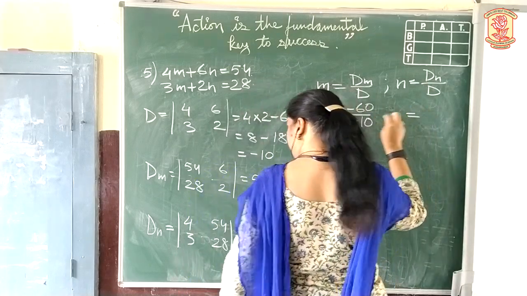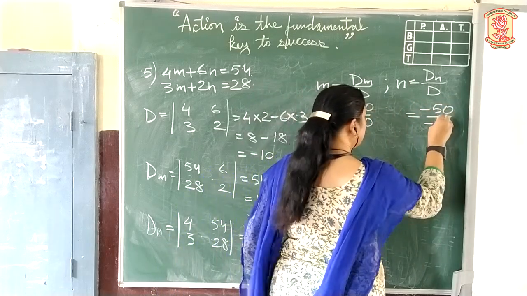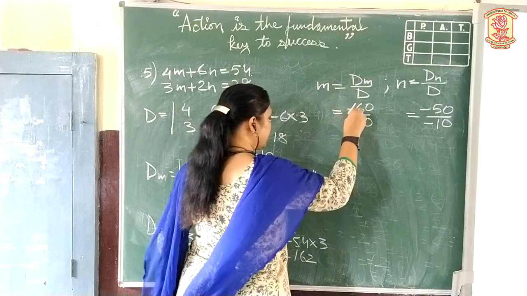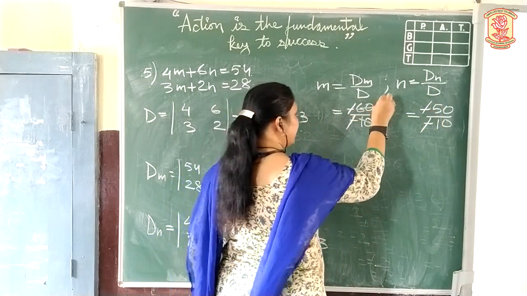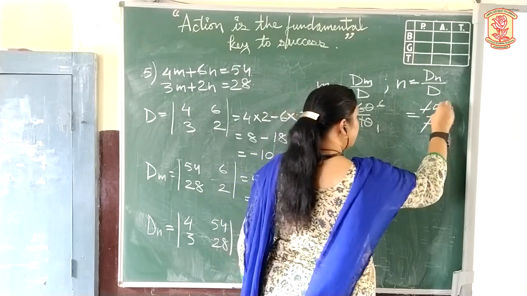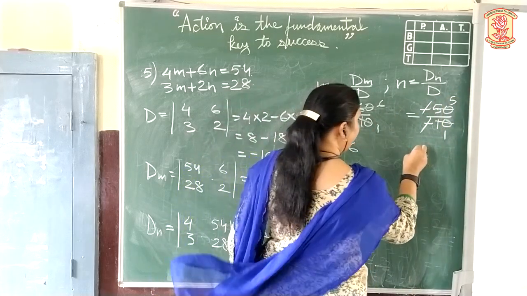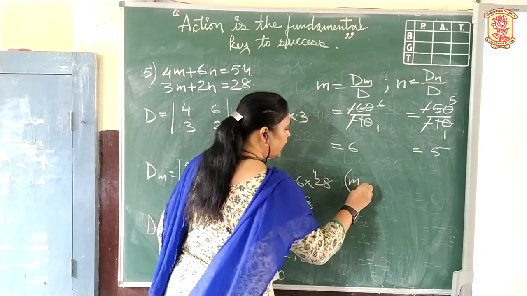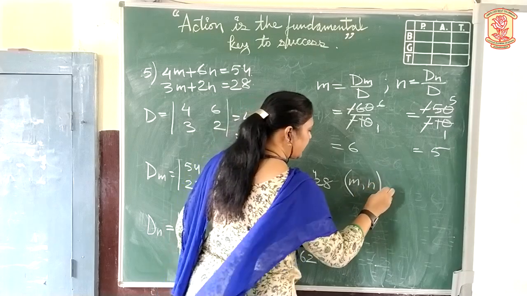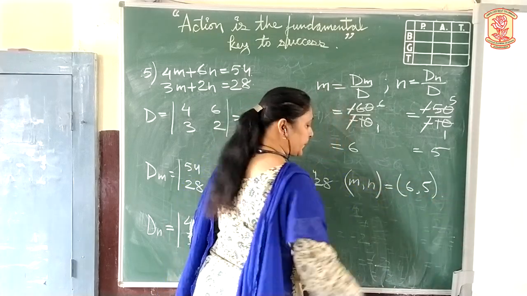Here the determinant for n is minus 50 and the determinant is minus 10. So minus minus get cancelled here also. 10 sixes are 60, 10 fives are 50. So the value of m is 6 and that of n is 5. So here the solution for the given simultaneous equation is m, n equals 6, 5.